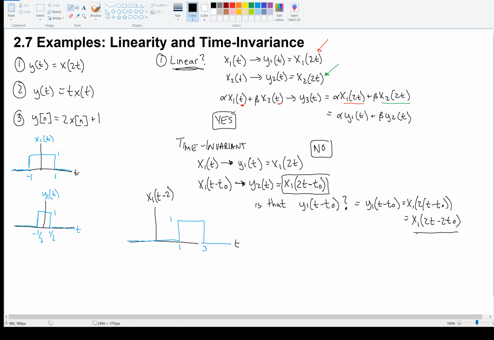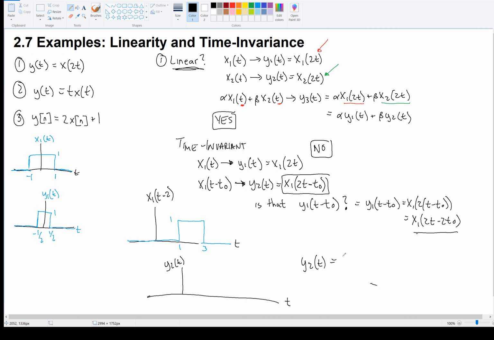Now let's observe what I get out of this system. So when I put this in here, I would get out, call this y2 of t. According to the system, y2 of t is equal to what I put in, scaled by 2.